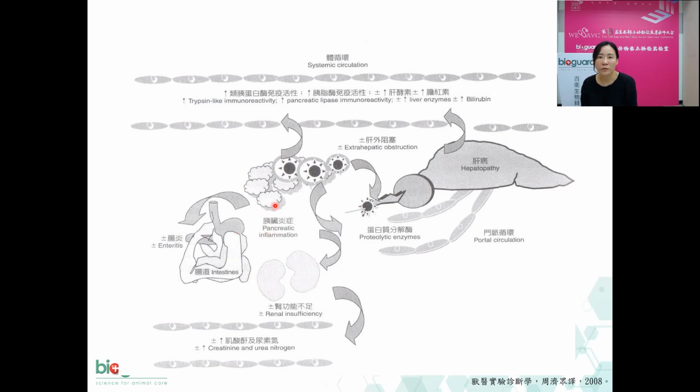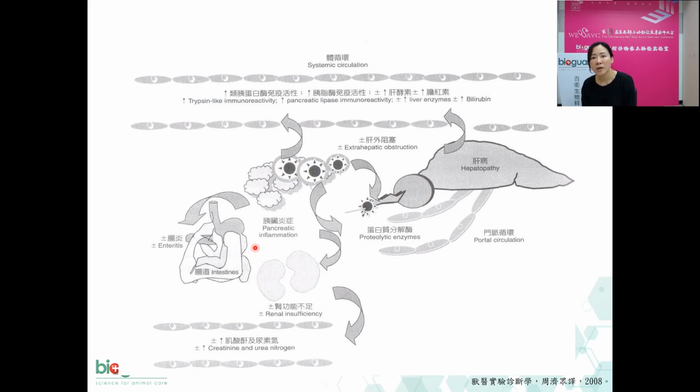So if we have pancreatitis, the leaking enzymes and the inflammatory condition will also affect the stomach, the intestine or the liver. So it will cause not only an increase of pancreatic associated enzymes. Sometimes we may also see the elevation of liver enzymes as well as a bilirubin increase.